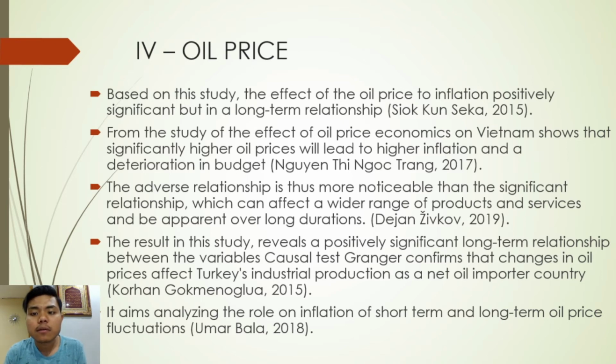The third one says the adverse relationship is more noticeable than the significant relationship, which can affect a wider range of products and services and be apparent over a long duration, by Zhivkov 2019. The fourth result reveals a positively significant long-term relationship between the variables; the Granger causality test confirms that changes in oil price affect Turkey's industrial production as a net oil importing country, by Korhan Gokmenoglu 2015.